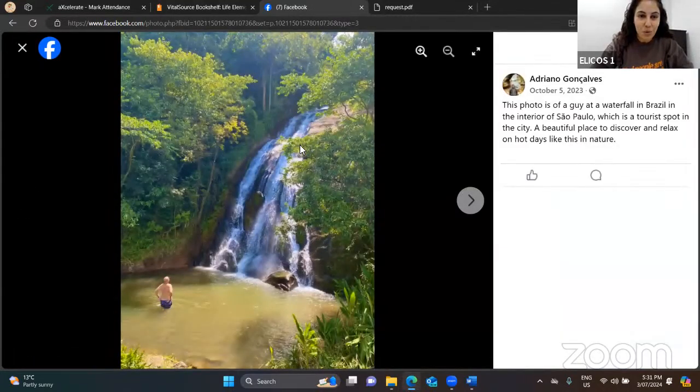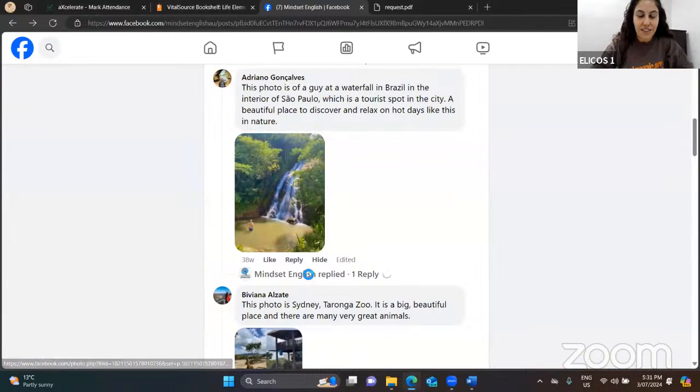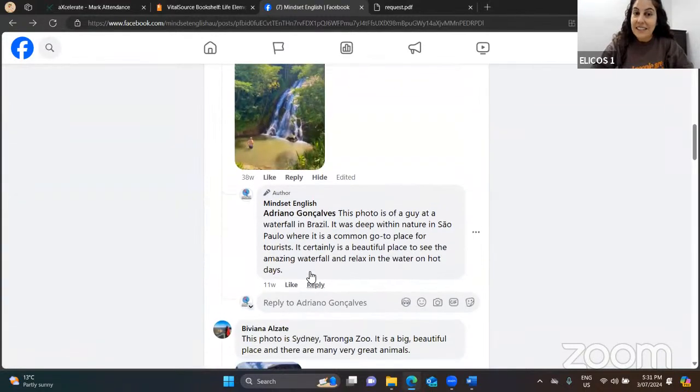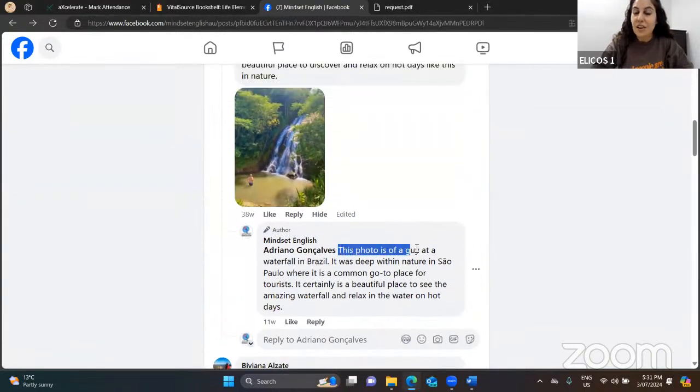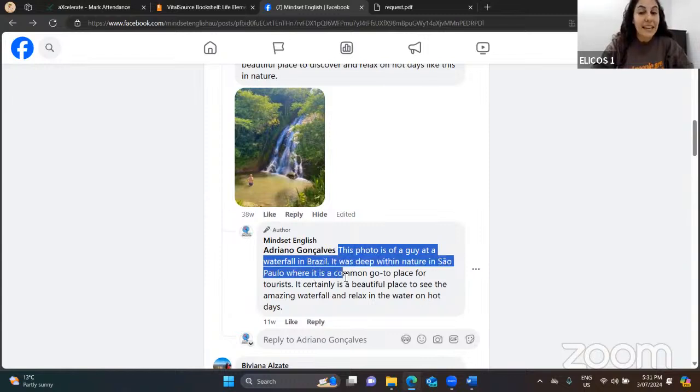So you could see that there's a waterfall in this picture. And you could see Adriano, he says, this photo is of a guy at a waterfall in Brazil. It was deep within nature in Sao Paulo, where it is a common go-to place for tourists.